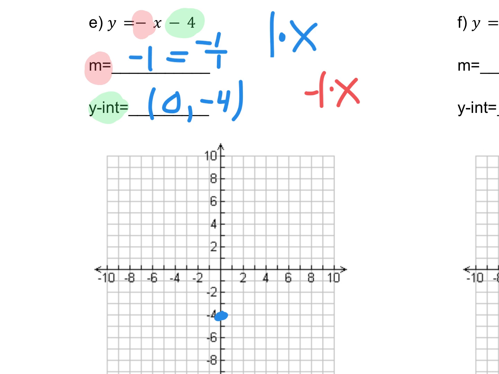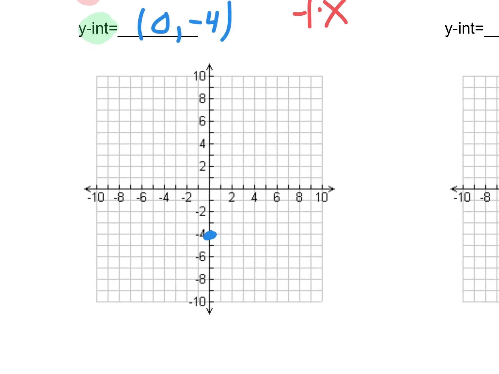Now, to use my slope of -1, I will go from this point, and we said the slope could also be written as -1 divided by 1, so that would be down 1, right 1. So I'll go ahead and put a point there, and then we can do that again, down 1, right 1. That point will go right there.